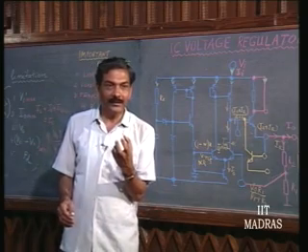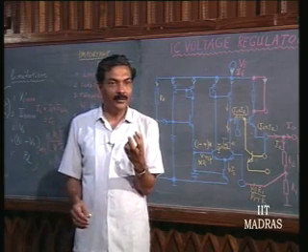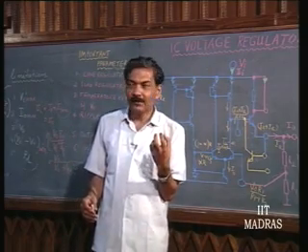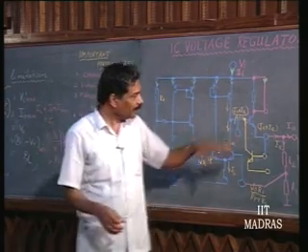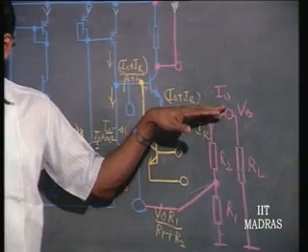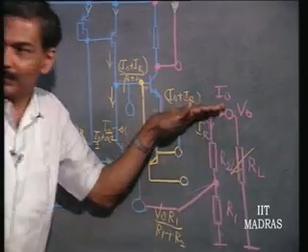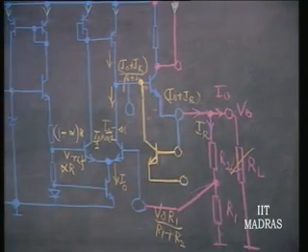This is another, this is not coming from what? Any power consideration. This is independent of the power consideration. What I have done is kept V naught here and varied this load so that the current demanded is more and more.